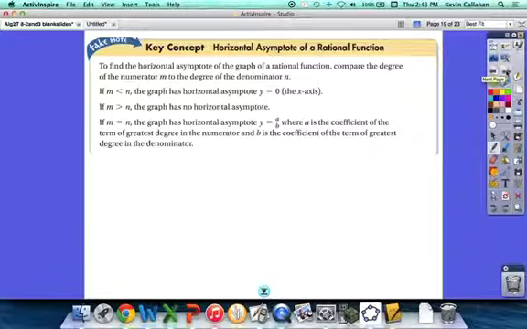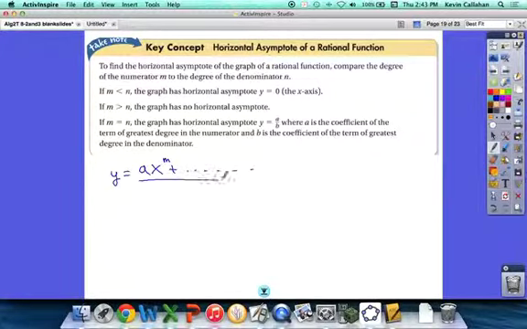So these are the rules. I think if you read them, these are not bad the way they're written. In the last version of the textbook, maybe a little bit easier. Let's take a rational function. The polynomial in the numerator is ax to the m power, plus lesser power terms, but it doesn't matter what we're doing here.